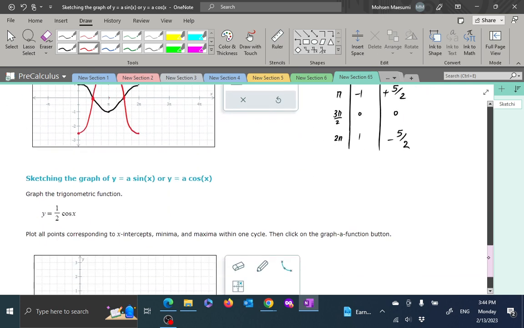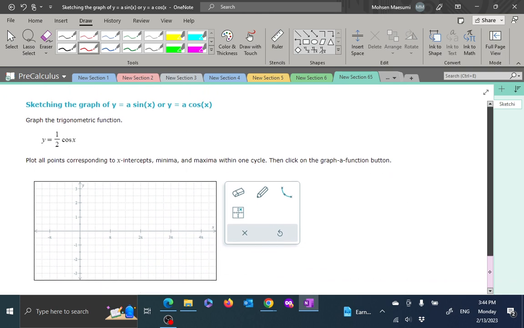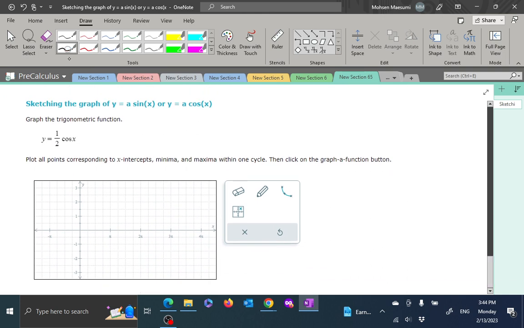Let's try one more: 1/2 cosine of x. Well, this is easy. So here's 1, 0, minus 1, 0, and 1. That is, if you wish to call it, the grandfather of the cosine curves. Multiplying it by 1/2, you have to think about shrinking it by a factor of 1/2. So it's scaling. What kind of scaling is it? It's shrinking.